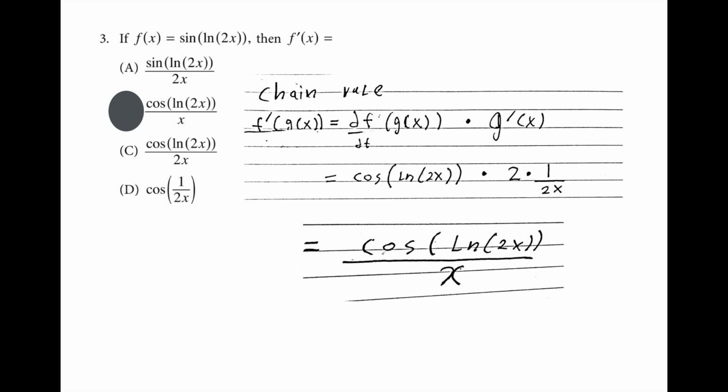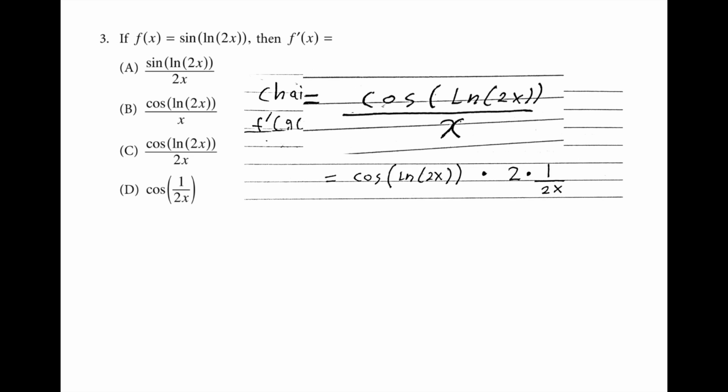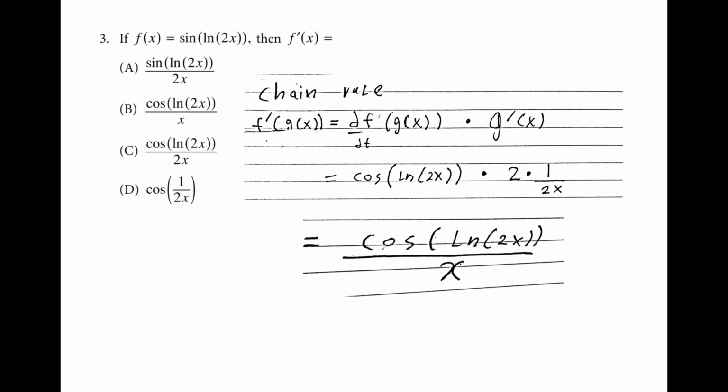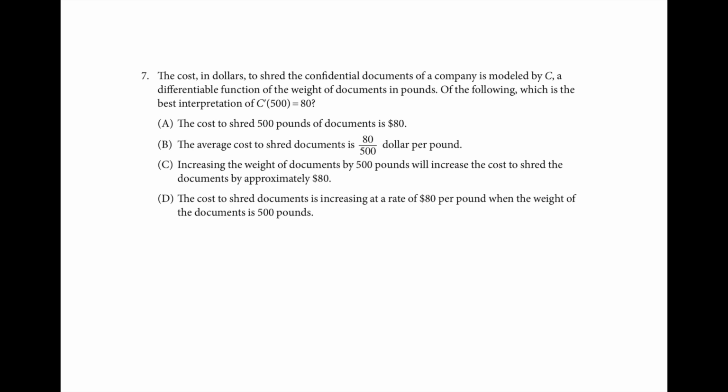Now our fourth question. The question says the cost in dollars to share a confidential document of a company is modeled by C, a differentiable function of the weight of the document in pounds.